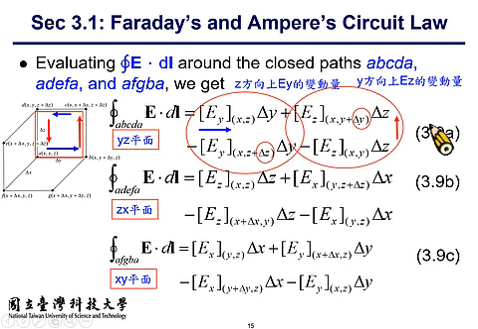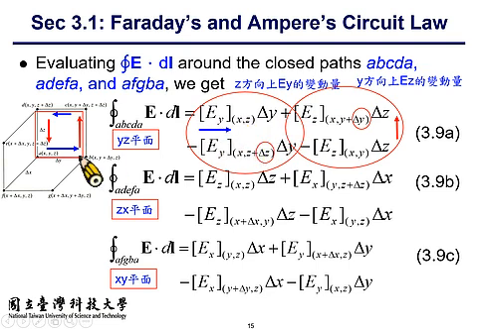When you look at equation 3.9a, try to check the expression to the right and the illustration to the left. First, let's look at the blue arrow, that is, the first integral.